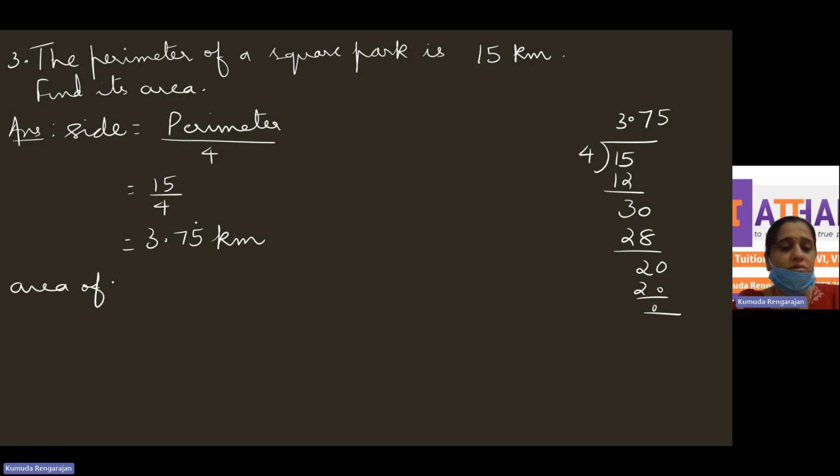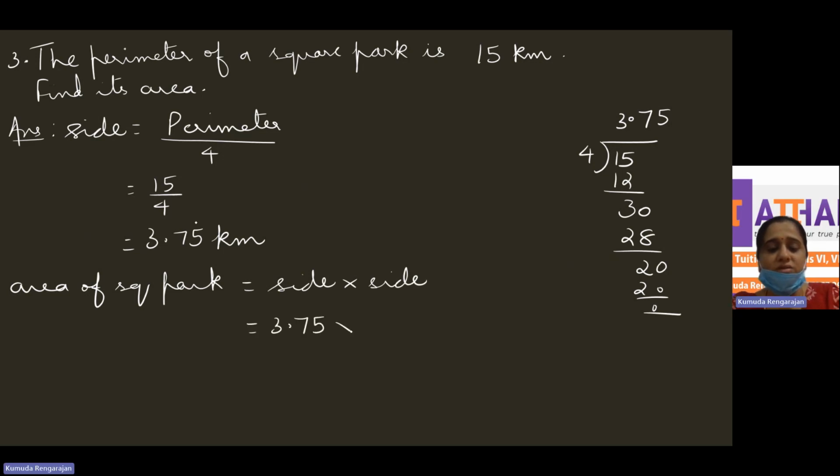Now what is the formula to find area, children? Area of square park is equal to? How do you find the area? Side into side. So 3.75 into 3.75. Find this. And what is the unit for the answer? Area. Kilometer square.